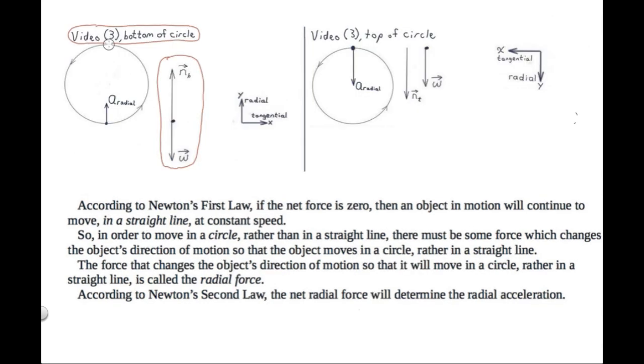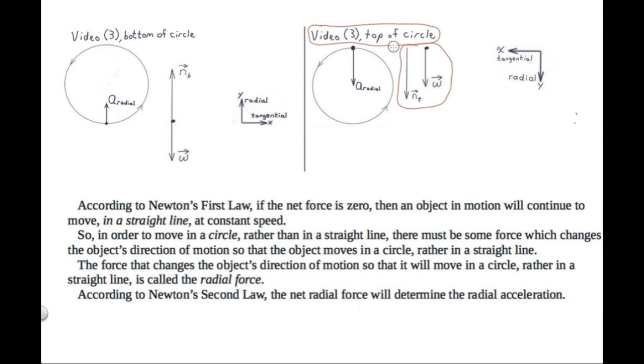In video 3, the net radial force at the bottom of the circle is the vector sum of the normal force and the weight force. At the bottom of the circle, the normal force and the weight force point in opposite directions. So the net radial force is the result when the normal force is partially canceled by the weight force.